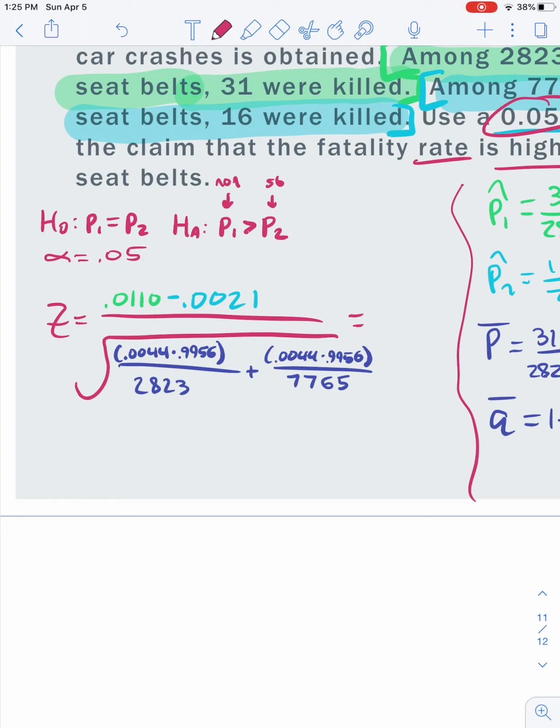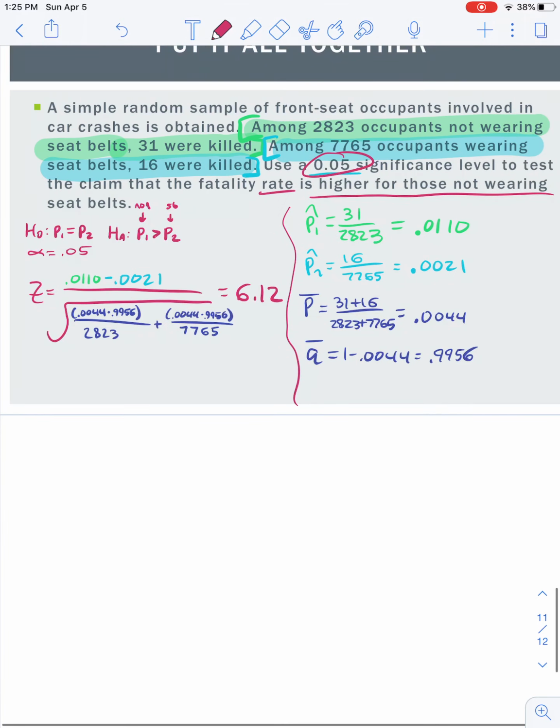I'm just typing it in right now. All right, I'm getting an answer. Oh, it's a big one. 6.12. It's a big Z, so we're definitely going to reject.